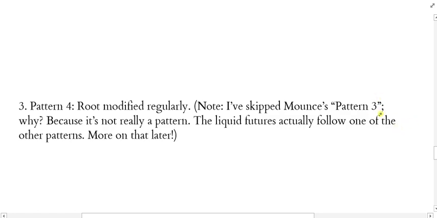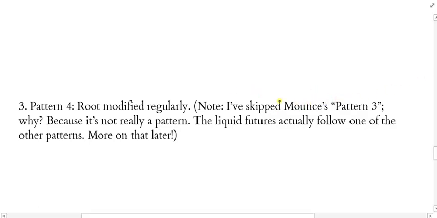For him, pattern 3 in this lesson is liquid futures. But then he goes on to say that liquid futures do what? He says they follow pattern 4. But what we're actually going to see is that's not true. Liquid futures do not just follow pattern 4. Liquid futures can follow other patterns too. All right?